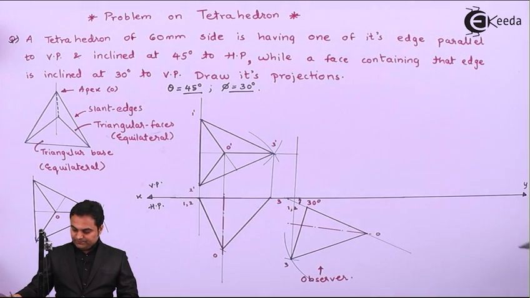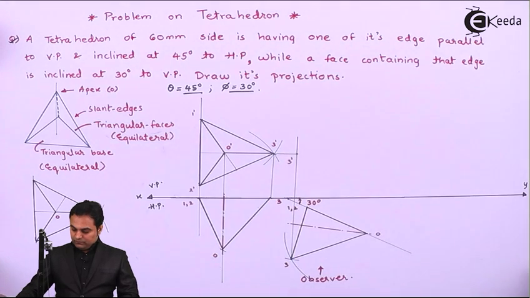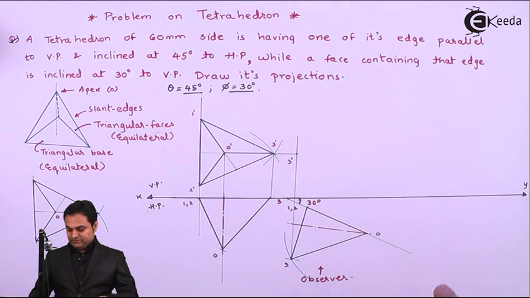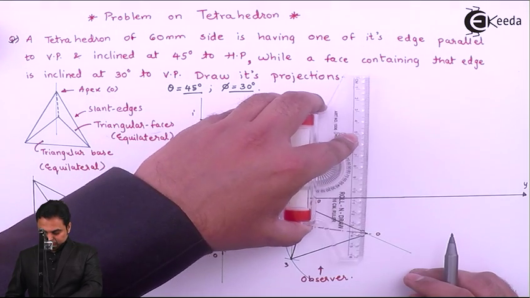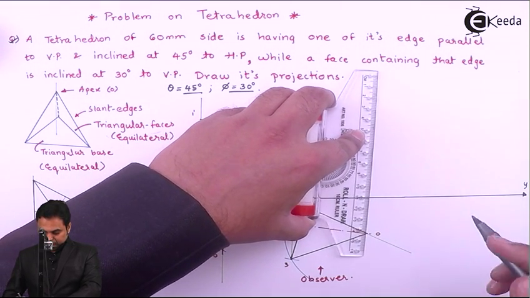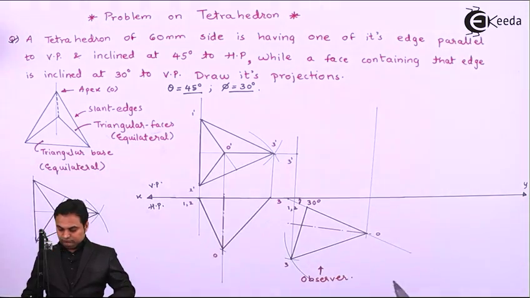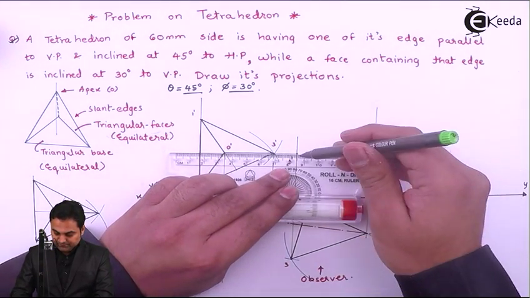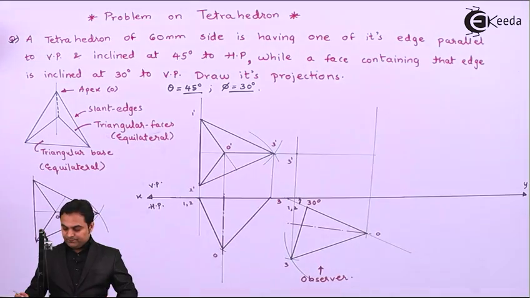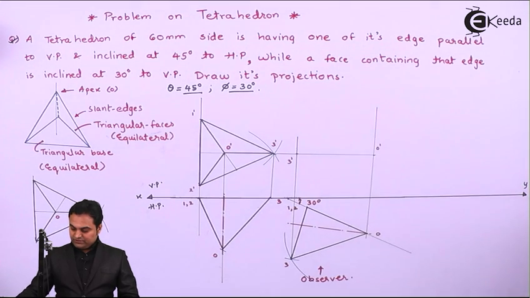Wherever they intersect, that gives me point 3 dash. Then point O of the apex. Point O dash from the front view onto the same line as 3 dash. So here we have point O dash.